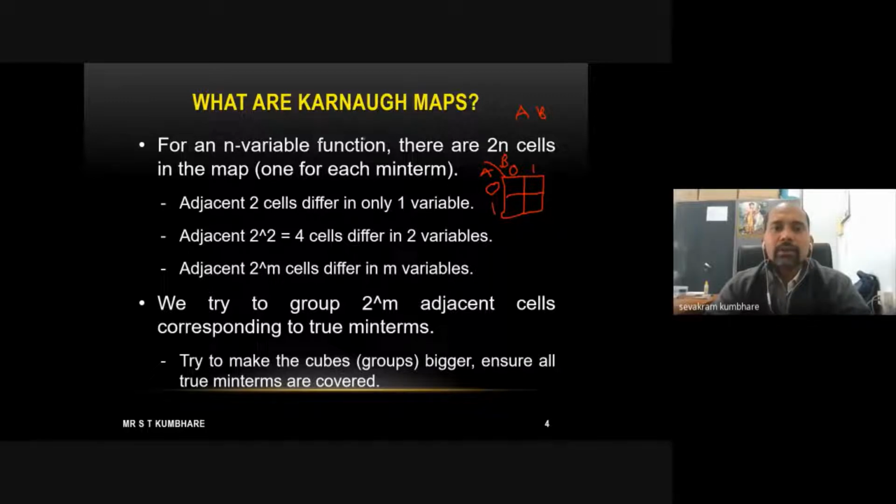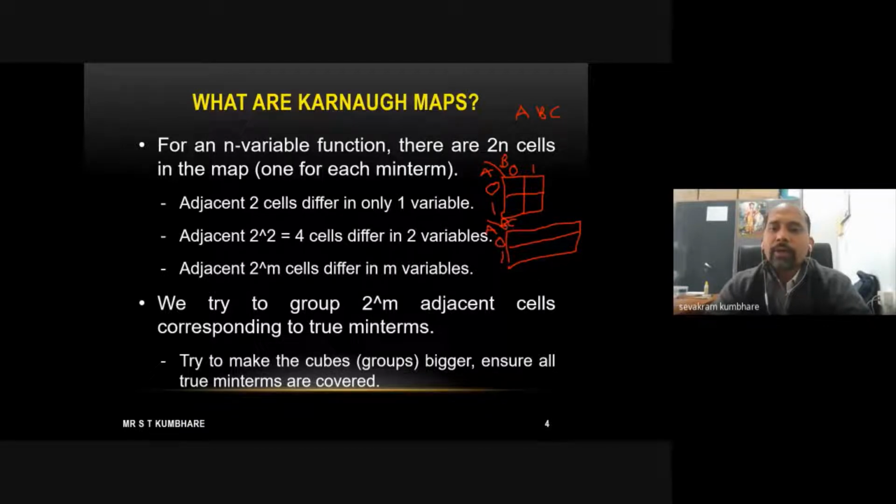So if the number of variables is 2, there will be 2^n cells, meaning 2 into 2, 4 cells. Similarly, if we have 3 variables A, B and C, we draw a K map where one variable, A, is on one side and the remaining 2 variables, BC, are on the other side. A will have a value of 0 or 1.